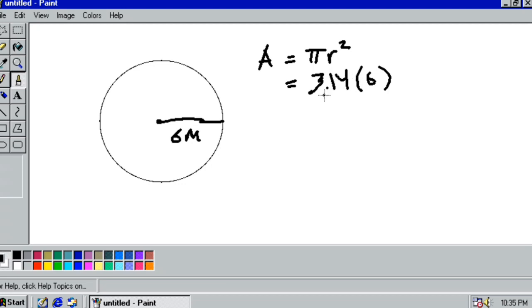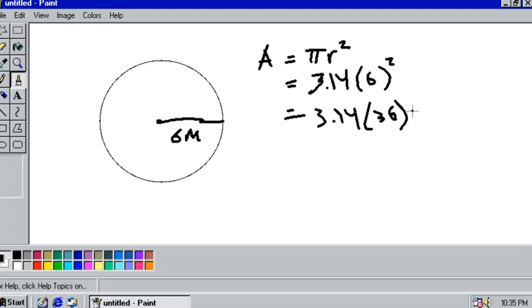So let's plug that on a calculator. If we have 3.14 times 6 squared, let's square 6, so it will be 3.14 times 36, because when we square a number, we multiply 6 times 6 for short.